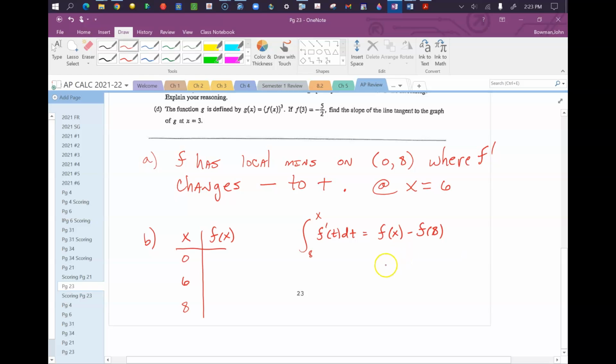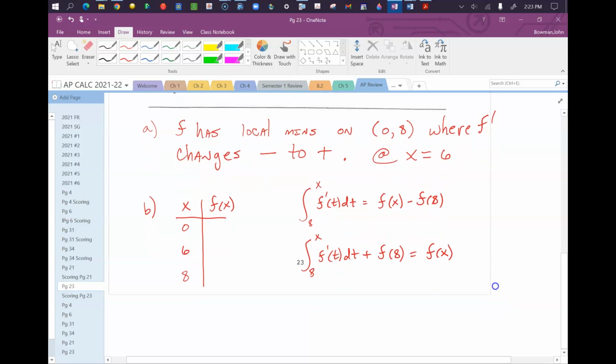So if we solve that for f of x, the integral from 8 to x of f prime of t dt plus f of 8 would be equal to f of x. And that's how we can find f of 0 and 6 and 8.